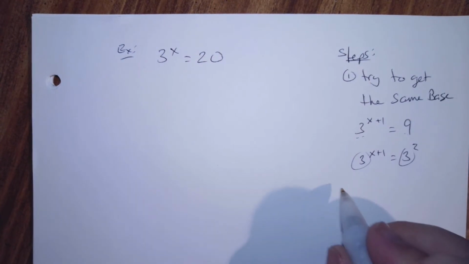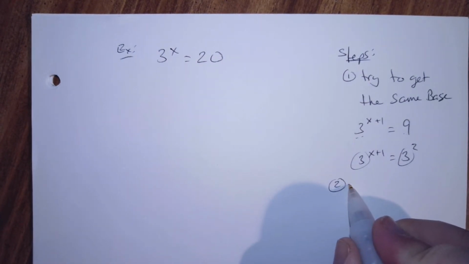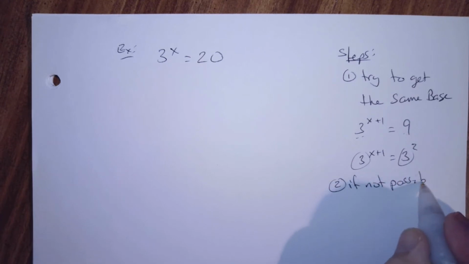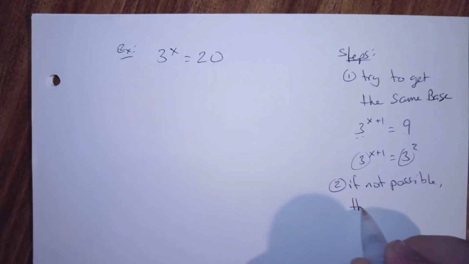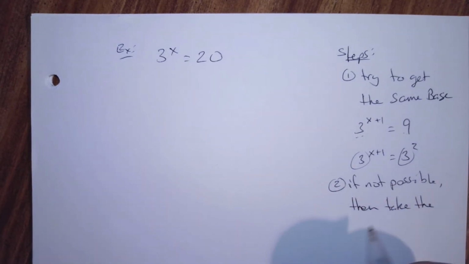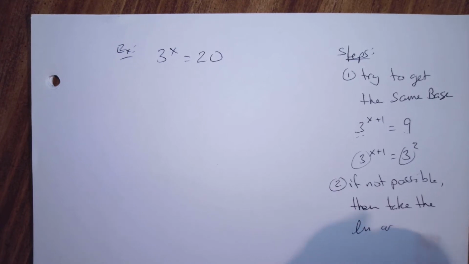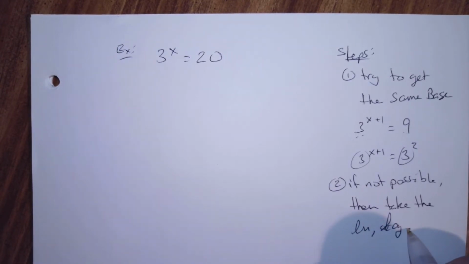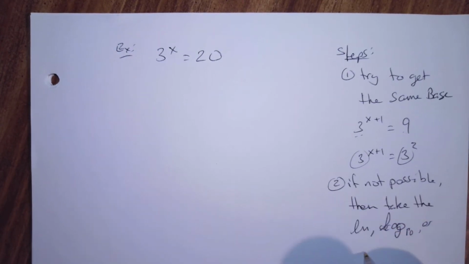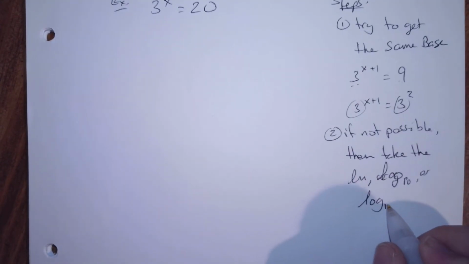If it's not possible, then take the ln, or log base 10, or the log of one of the numbers.